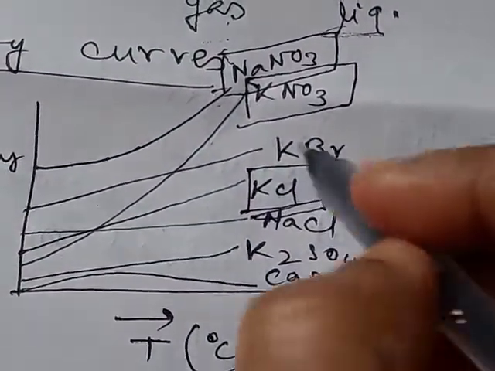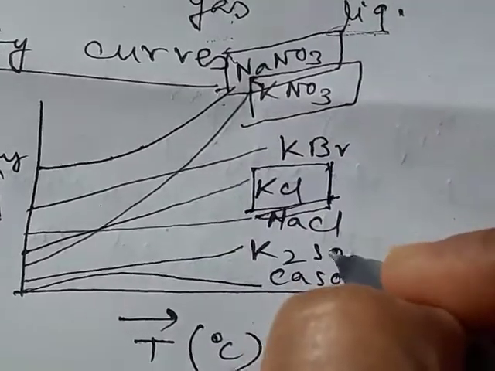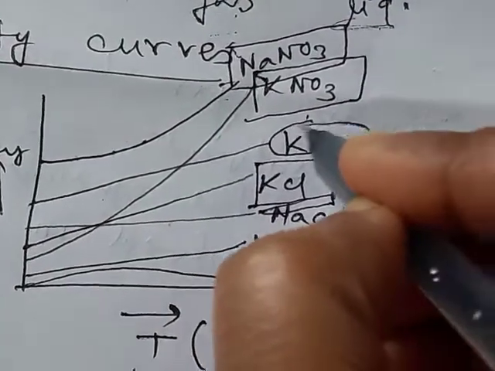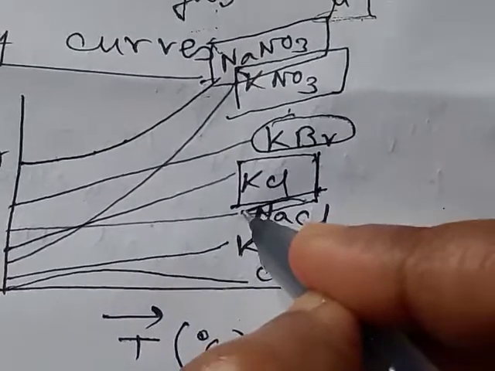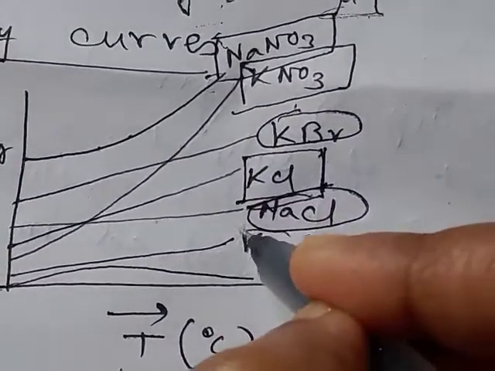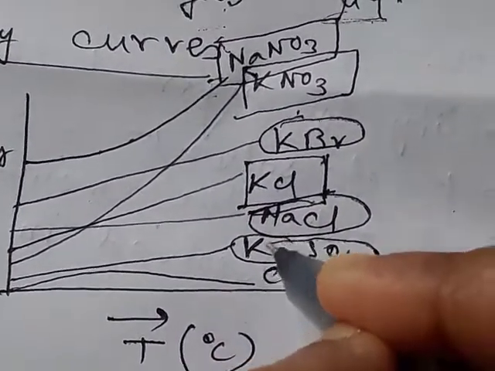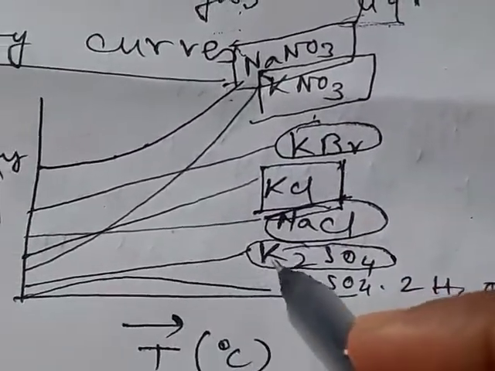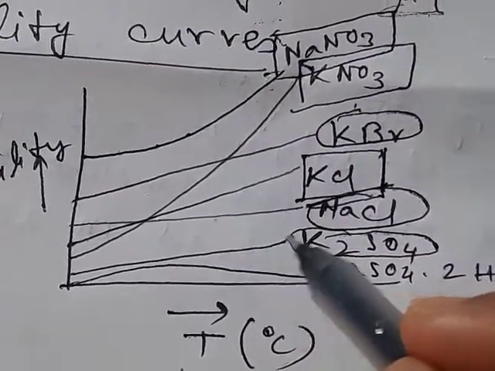Whereas for potassium bromide, sodium chloride and potassium sulfate, the curves are less steep, because their change of solubility with temperature is less.